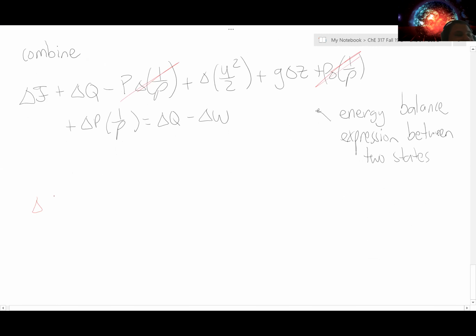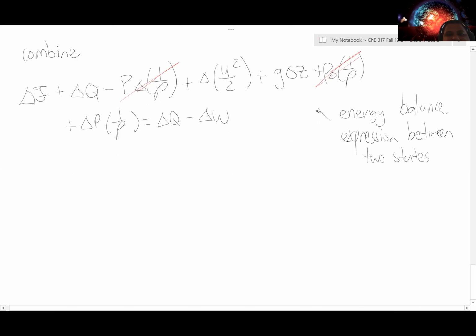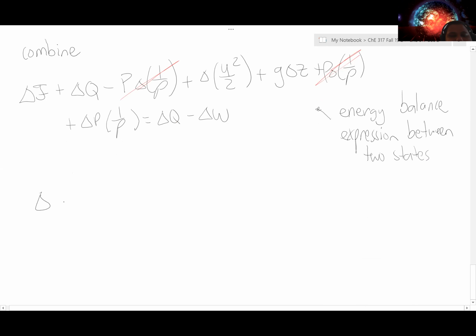And I'll rearrange it in a way that makes a little more sense. So I have my delta U squared over 2 term. I have a g delta Z term. I have a delta P over rho term.